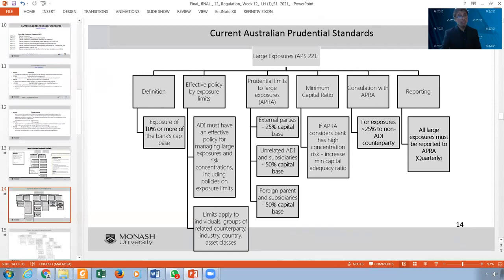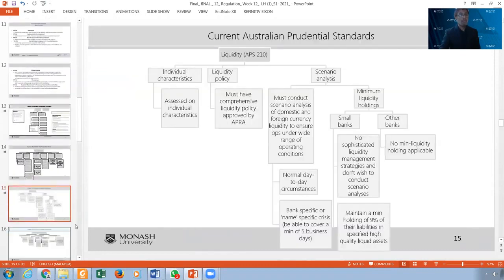That is also expected. But when you do that, then you have to have approval from APRA. So consultation with APRA for any exposure up to the 25%. Now remember, when we talk about APS 221, which is the large exposure, then actually it's related to credit risk. Now let me come to another interesting issue, which is the liquidity.